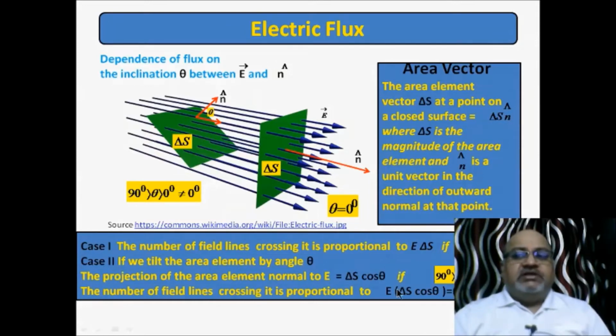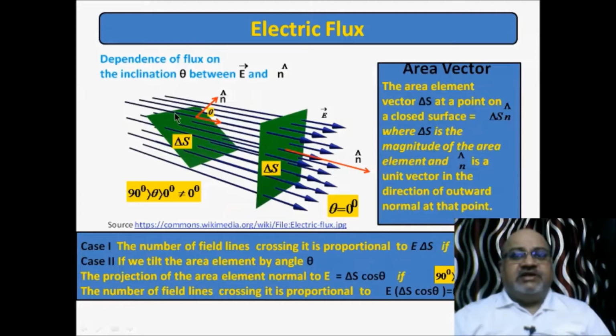So this E into delta S cos theta can also be written like this, E cos theta delta S. What is the meaning of this E cos theta delta S? Either take the component of area perpendicular to the electric field, or take the component of the electric field parallel to the normal.